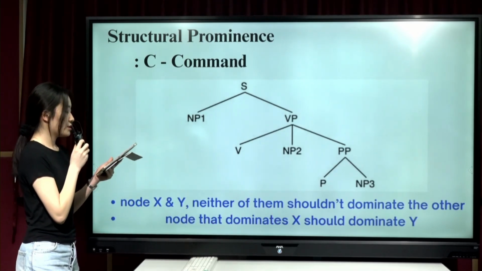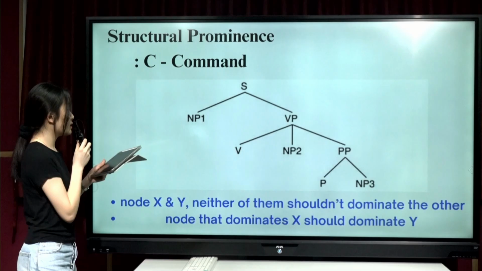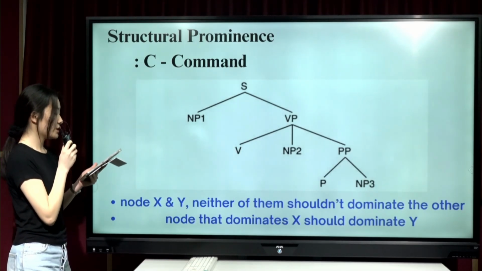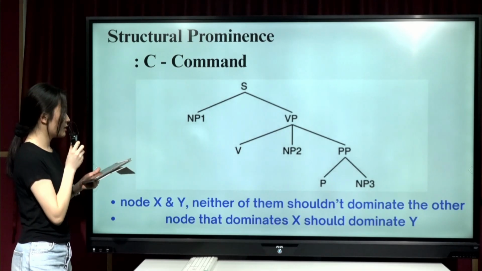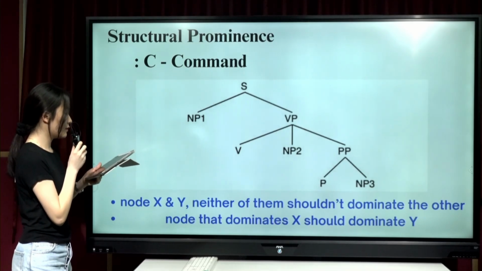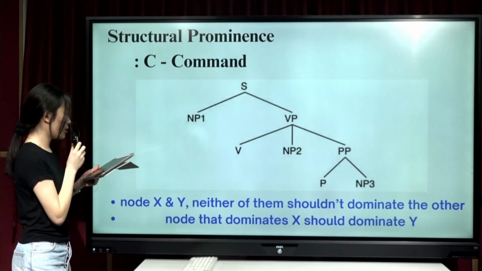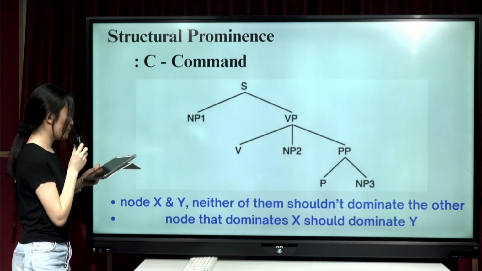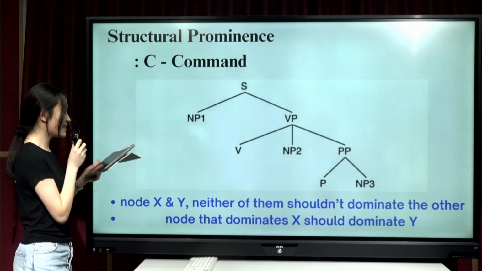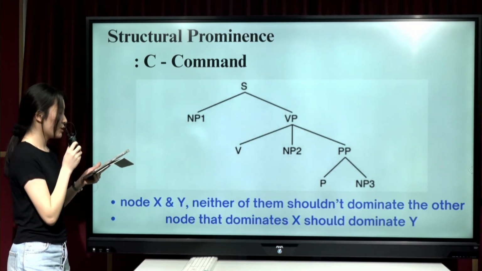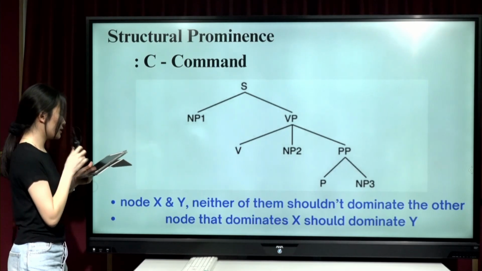Next is structural prominence. To use our visual intuitions, NP1 is higher than V or NP2, hence more structurally prominent. Also, NP1 and VP are at equal height, so they are equally prominent.